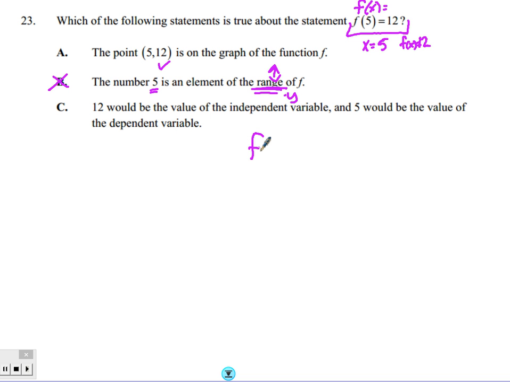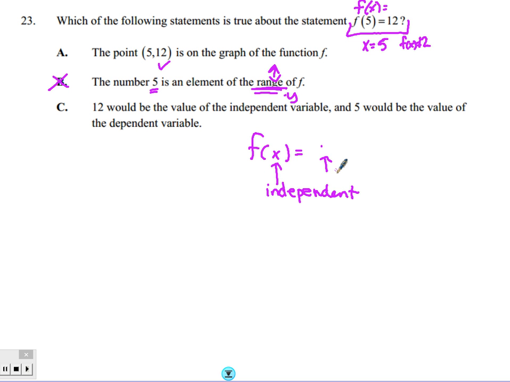And at the very beginning of this unit, I think we were talking about pool store stuff. We were saying the independent variable is the input and the dependent variable is the output. So like if we buy 5 shirts, 5 is the independent variable, the output is the cost.